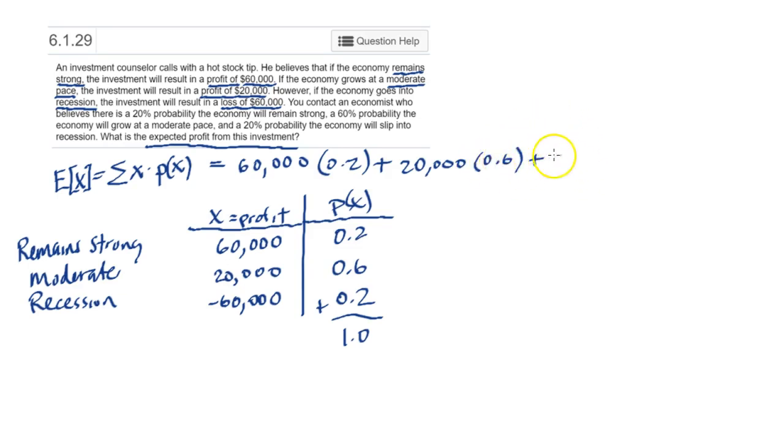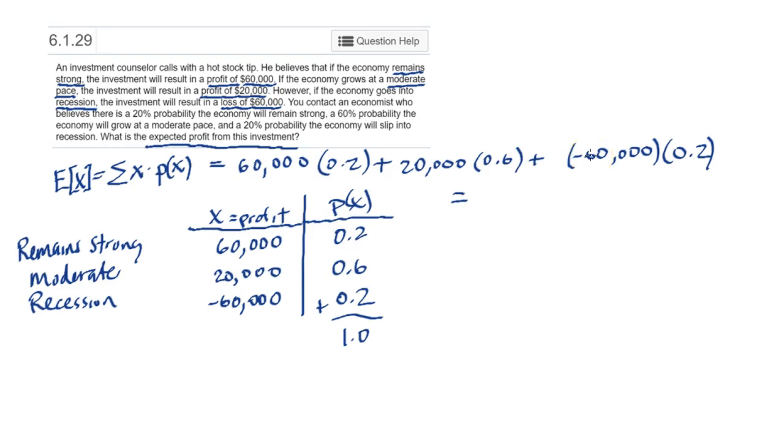And then negative 60,000 times 0.2. And typically, in a calculator, you wouldn't put the commas in, but anyways, we would find this value.